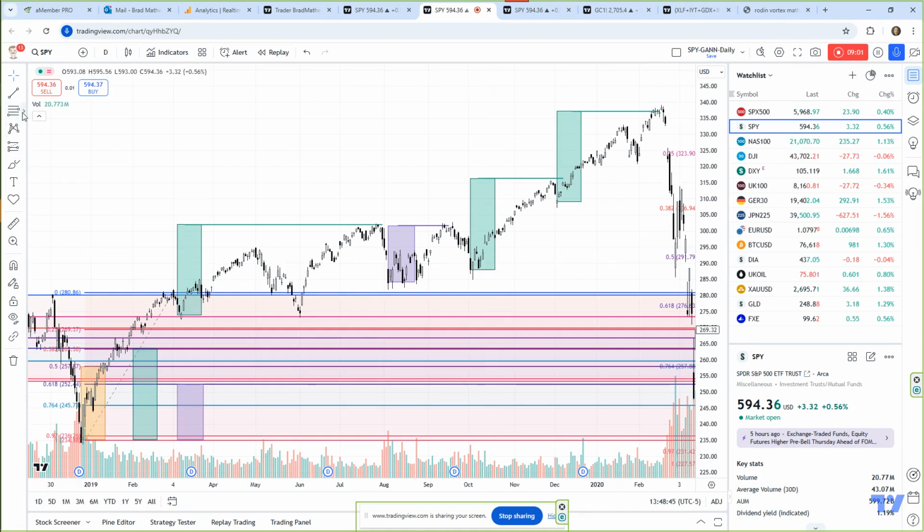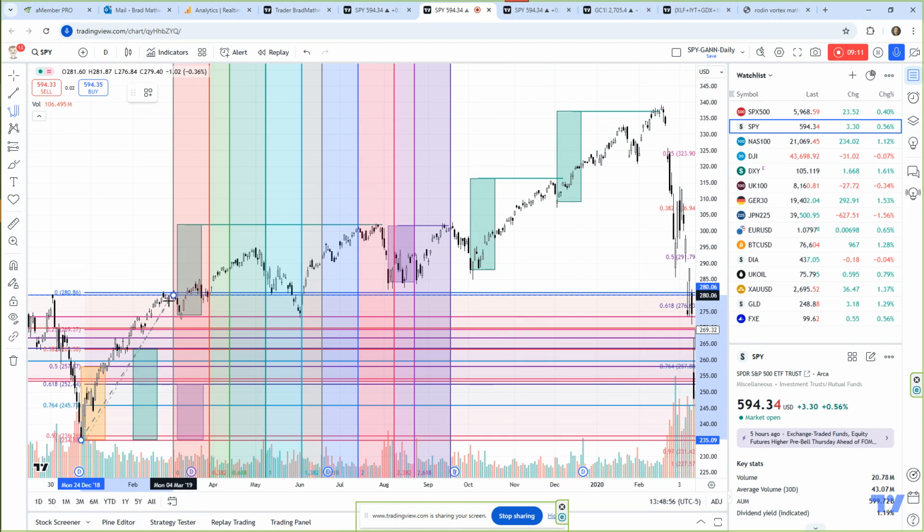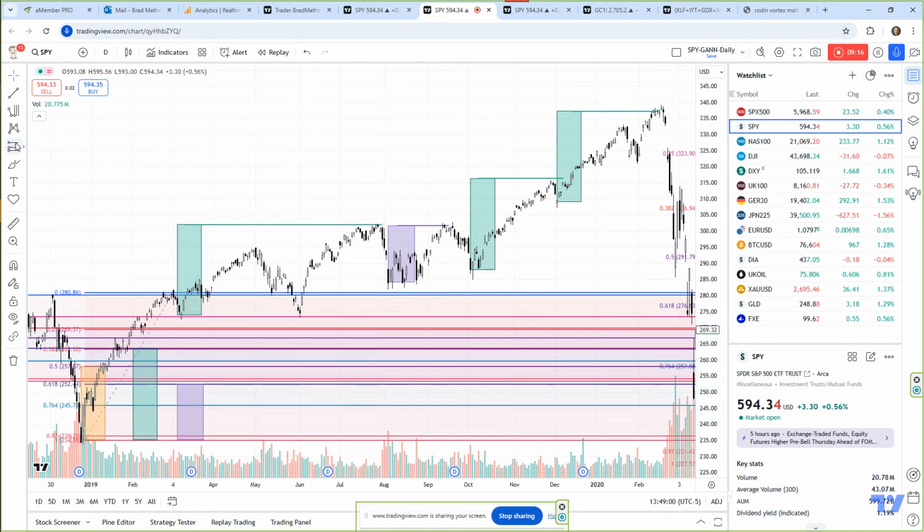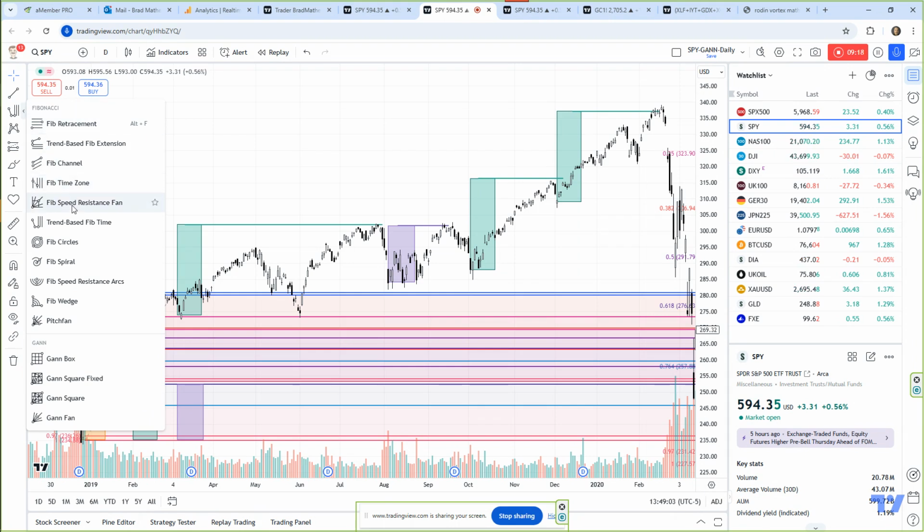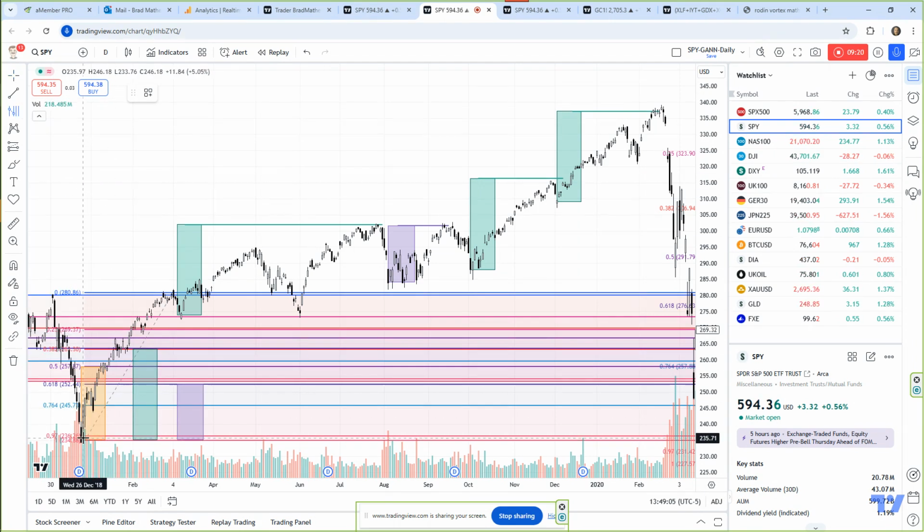What I do know is if I come in here and draw my time cycle, what I'm trying to do with the time cycle is mark the bottom up to the top. Wrong one. Come into here. Where is it? Fib time zone.